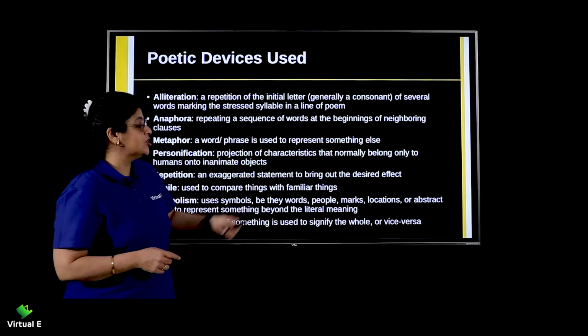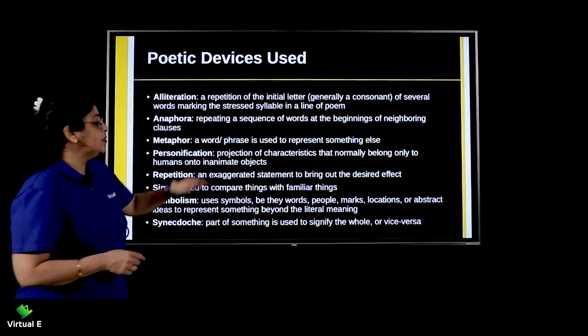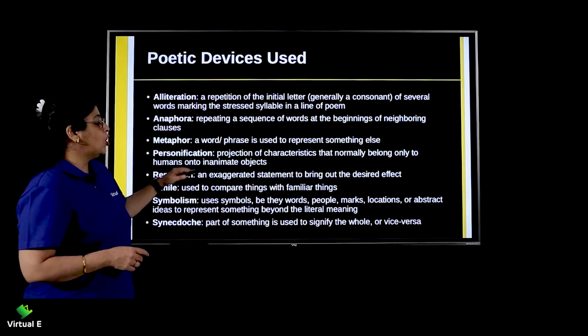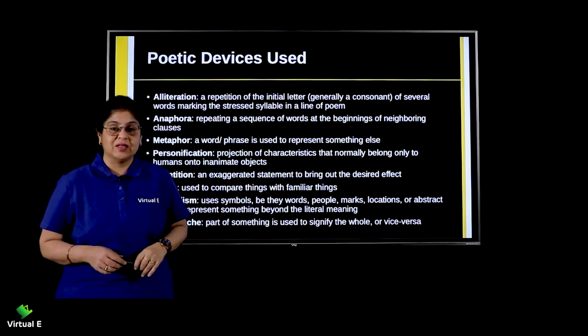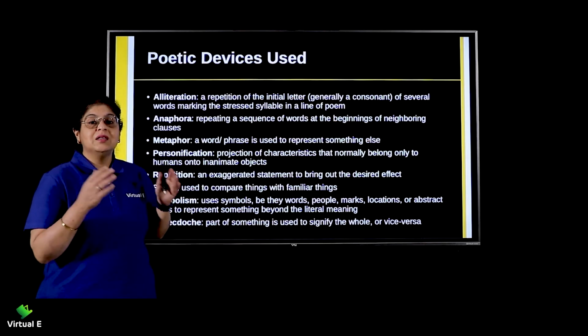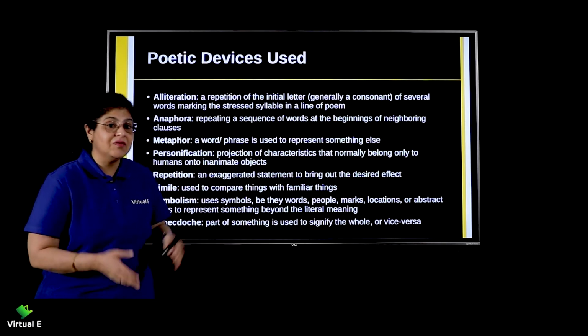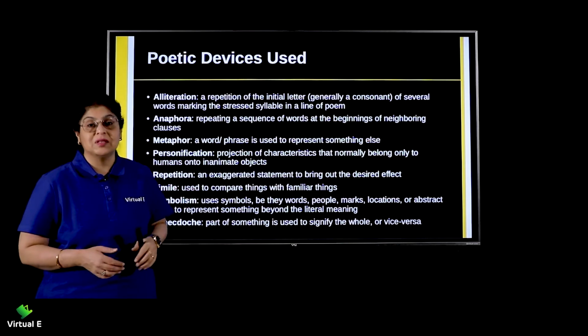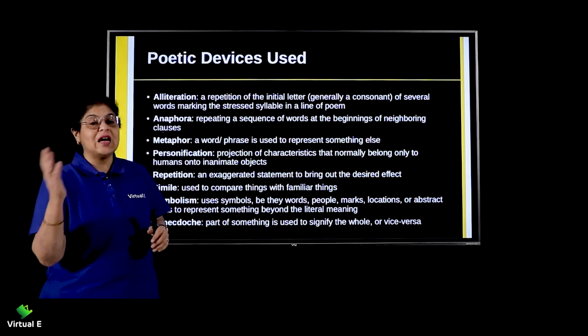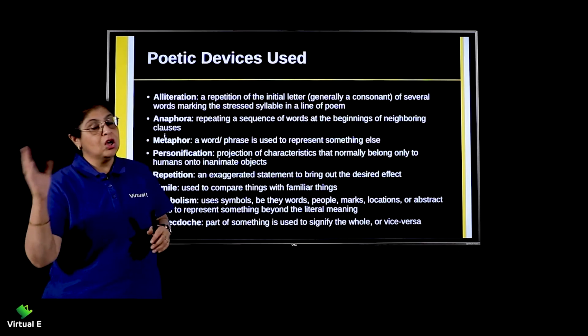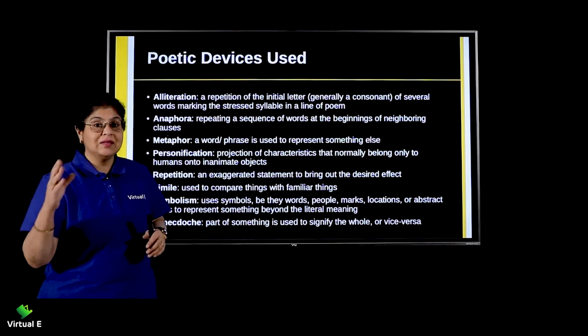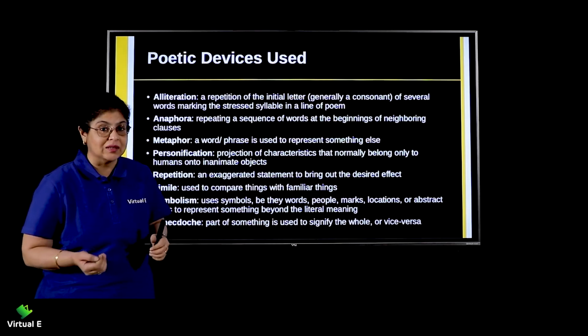Personification is projection of characteristics that normally belong only to humans onto inanimate objects. So what is it here? The non-living things, the inanimate objects are being given the quality of humans. So when you say the daffodils sway, they move, they dance, the daffodils don't dance, humans dance, right?